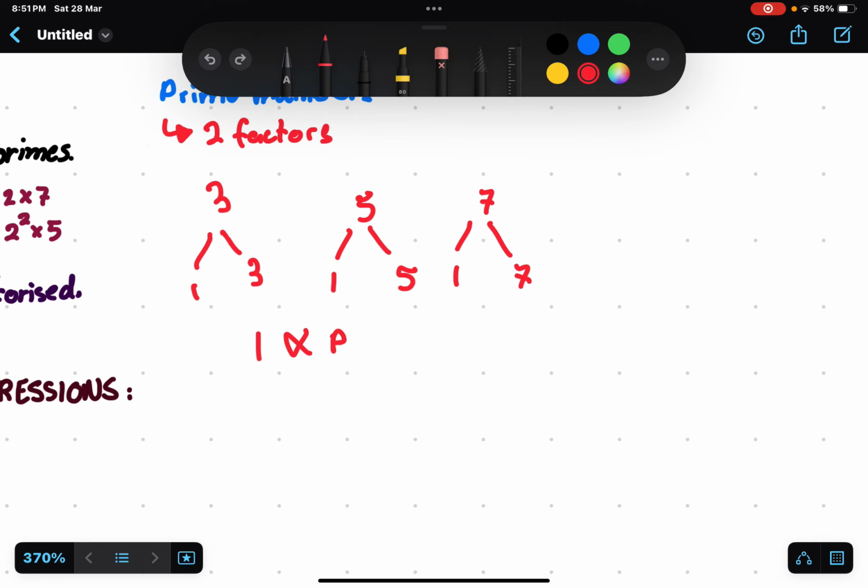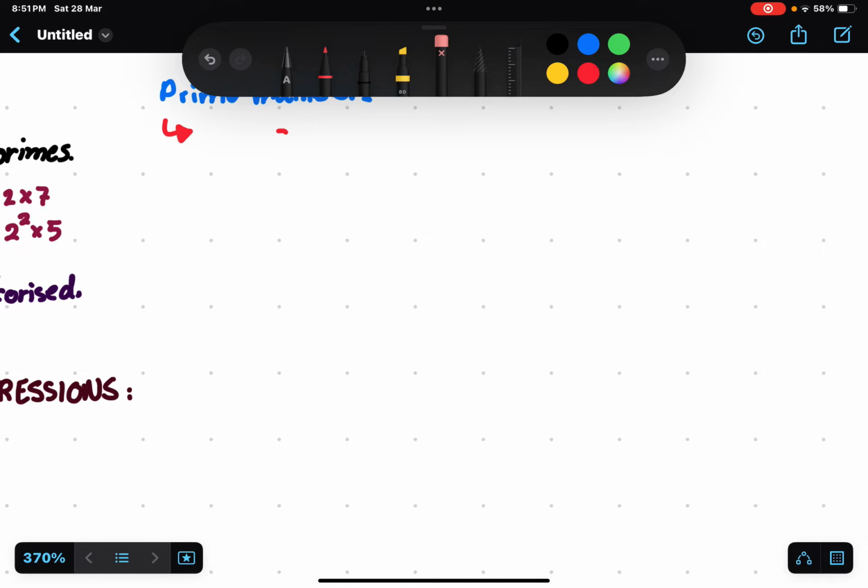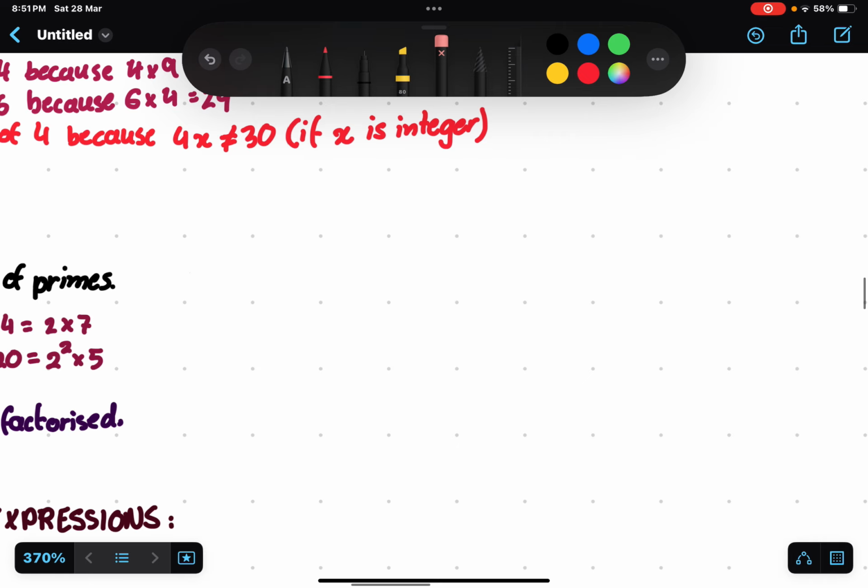Okay? That's all you need to remember. 1 only has one factor, so that's why it's not prime. But all the other numbers I've talked about are primes: 3, 5, 7, 2, but not 4, as we discussed. So these are prime numbers.